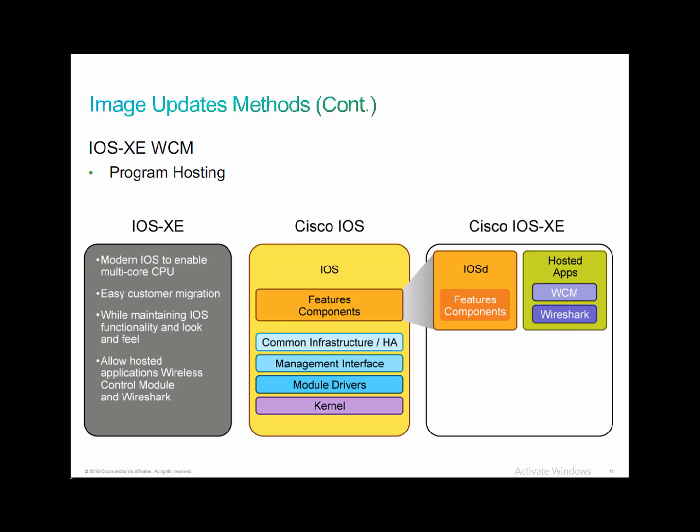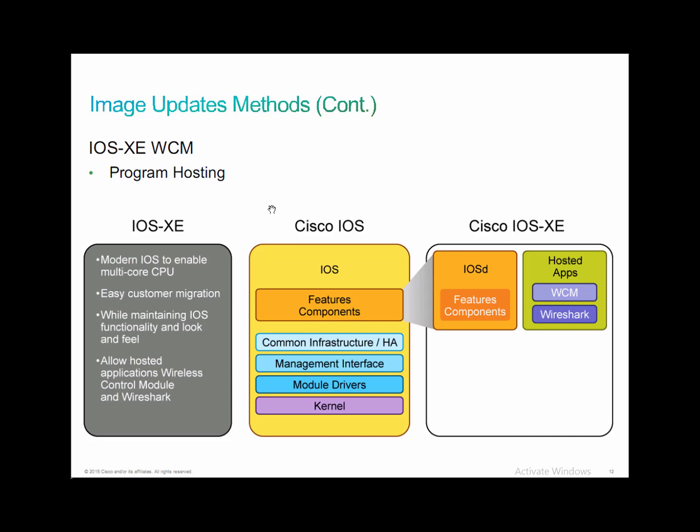And then we also have hosted applications that we can run, things like WCM and Wireshark and so on. Those tools provide us the ability to do monitoring and management of interfaces and CAPWAP tunnels and so on. But those are installed as different modules. So it's a multi-core CPU, more of a computer-based environment.